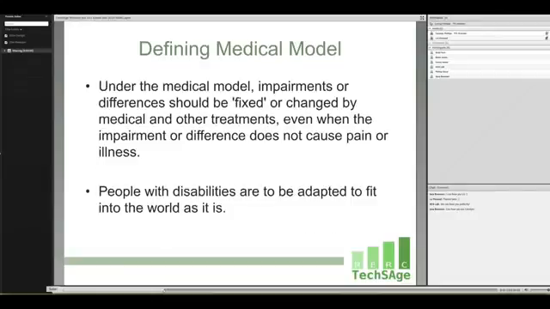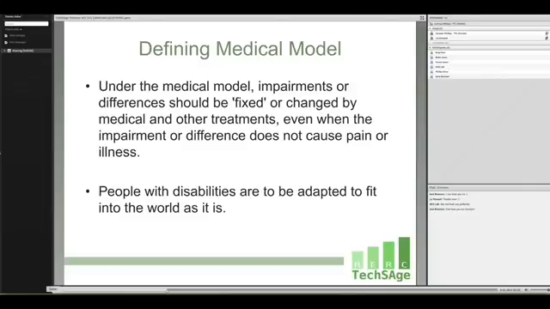So we're going to shift a little bit and talk about some of that history, looking at the medical model and the social model. These are just some definitions for thinking about those various models. Under the medical model, as Carolyn said, we're looking at impairments or differences that should be quote unquote fixed or changed by medical or other treatments, even when the impairment or differences don't cause any pain or other illness.